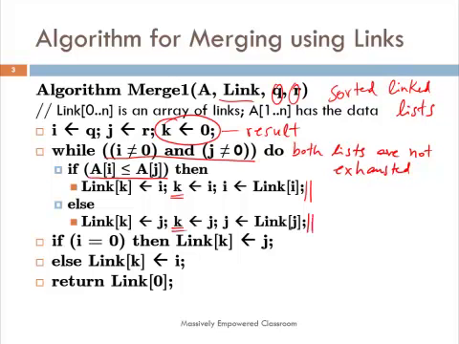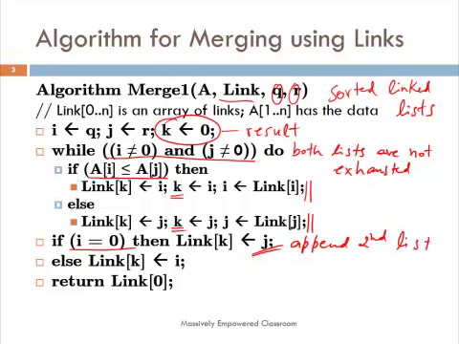So whichever is the smaller element, we add that to the resulting linked list, and if i equals 0, that means the first list is over, we simply append the second list to k.